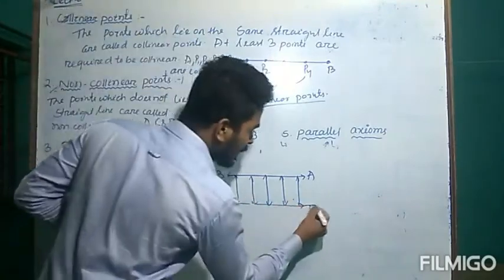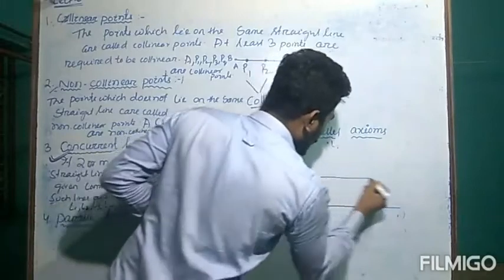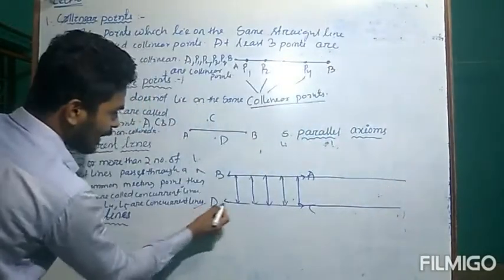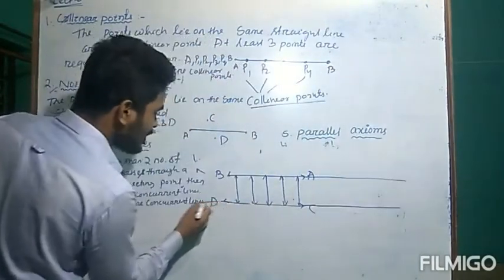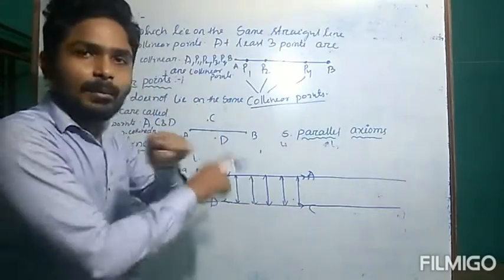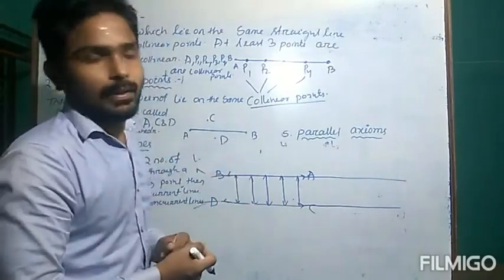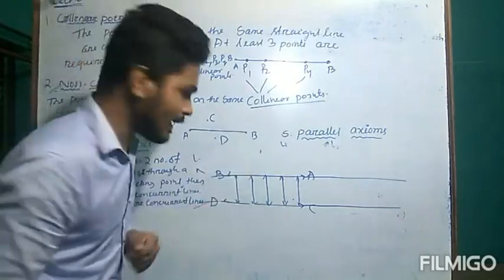If we produce them in both directions, they will never meet each other. Then such lines are known as parallel lines.